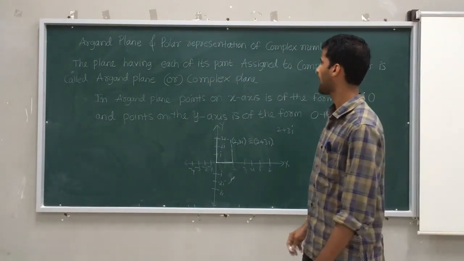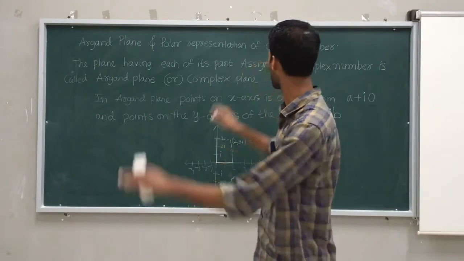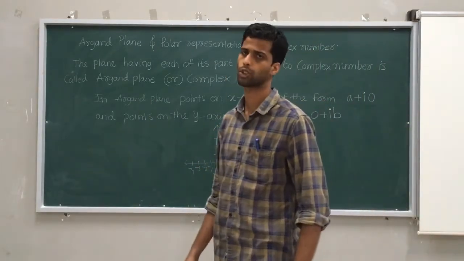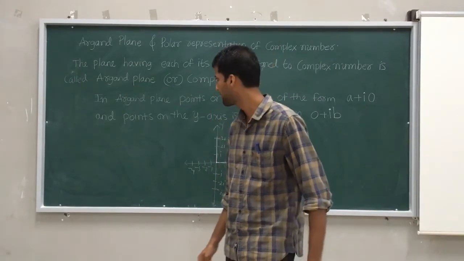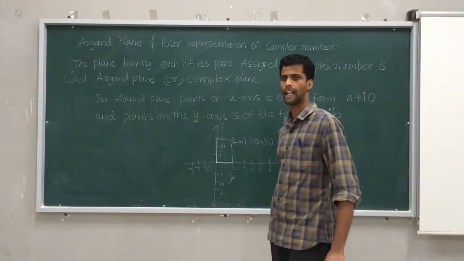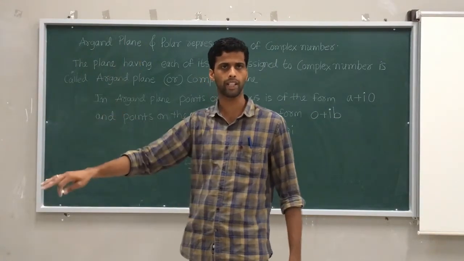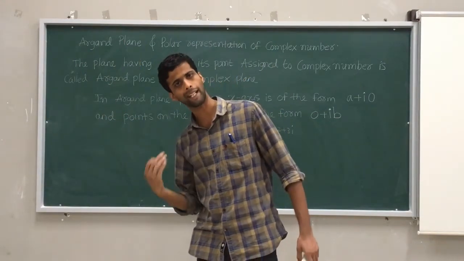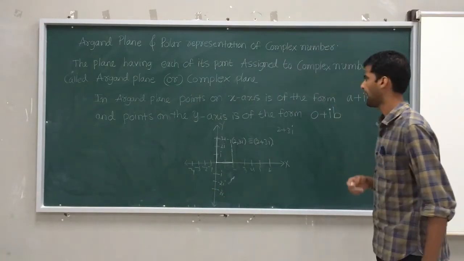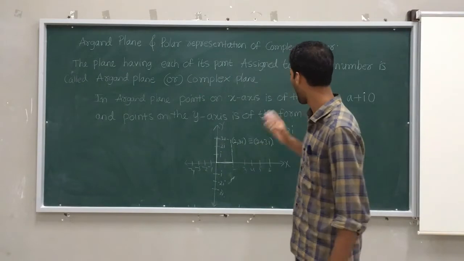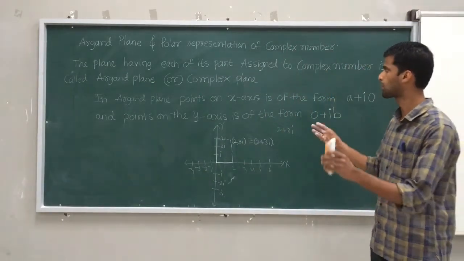So a plane having each of its points as a complex number is called the complex plane or Argand plane. In Argand plane, the x-axis is reserved for the real coordinate, where the imaginary part is absent, of the form a plus i0, and the y-axis is reserved for the imaginary part, of the form 0 plus ib. So that's about Argand plane.